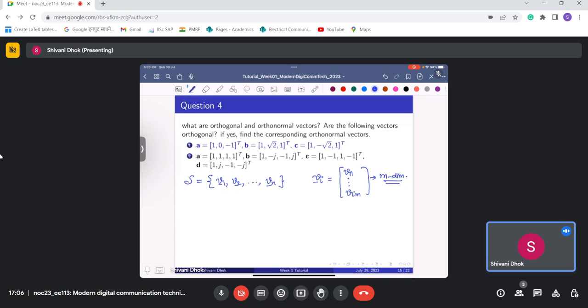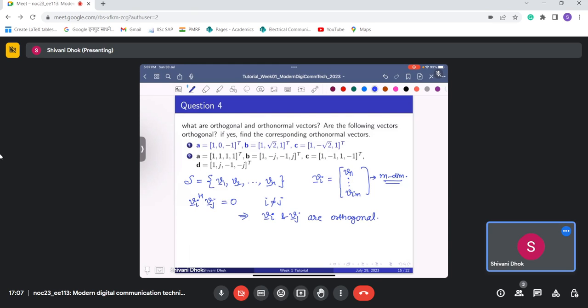So if vi Hermitian vj is equal to 0 for all i not equal to j, then this implies that vi and vj are orthogonal.